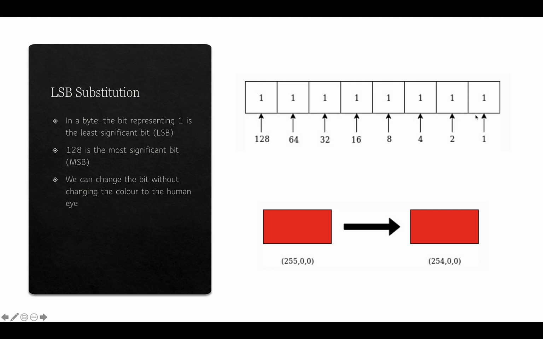We use that one bit on the right, the least significant bit, to change and store the message content. When we use that, the actual overall effect on the image is not going to change, because for example 255, 0, 0 represents the color red. It's still red and imperceptible to the human eye.